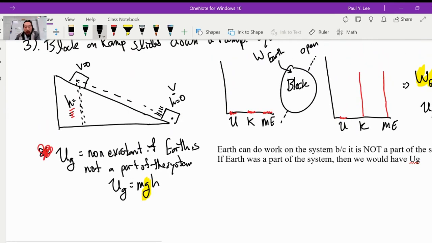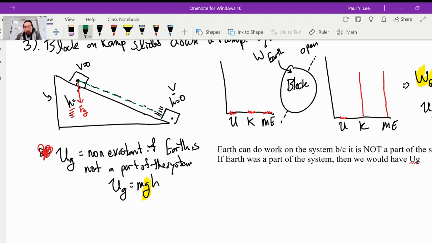If you take a look at this diagram here, and if we were to draw a free body diagram for the block right there, let me get rid of my little dotted lines, I would draw Fg going down. However, you might think, wait a minute, Mr. Lee, I thought the object went down the ramp. It went down the ramp this way.